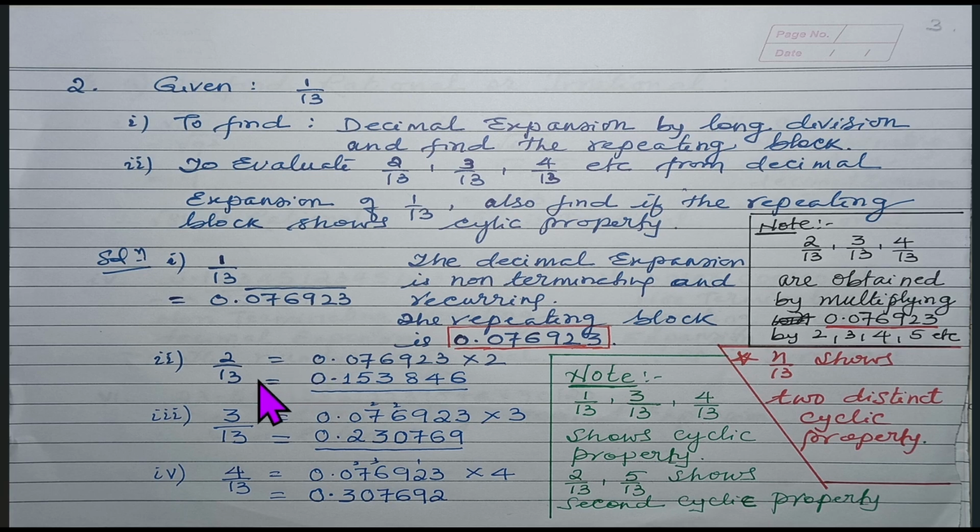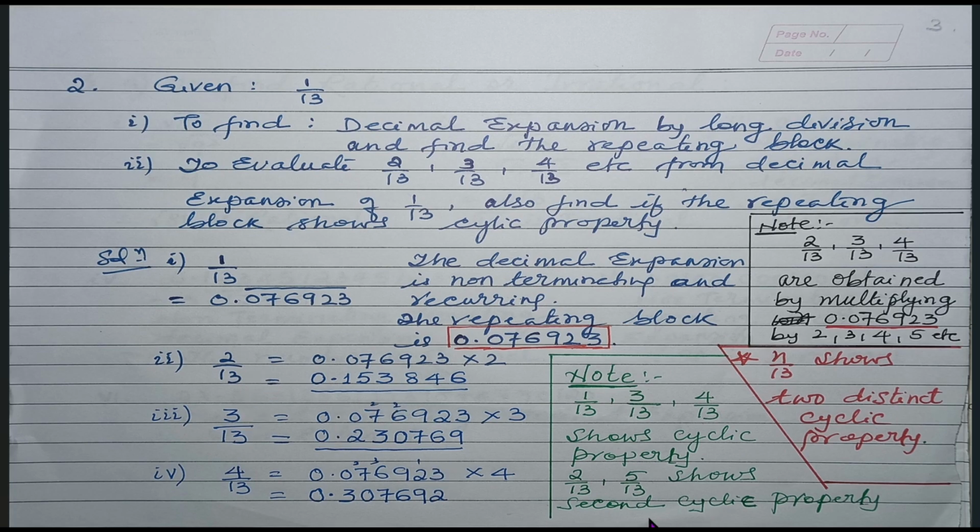If you take the first one, 0.153846, and check this and this, 0.230769, 0.307692, there is a repeating block here. It starts with 0.230769 and starts with 3 here, 0.307692. So you have the cyclic property here, and this will exhibit the cyclic property with 4 by 13.